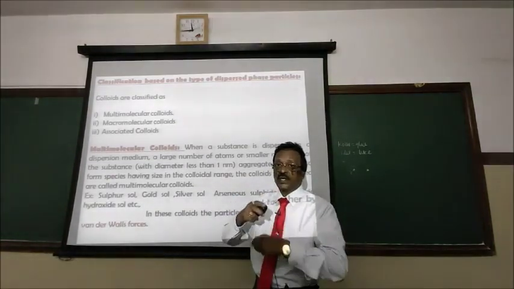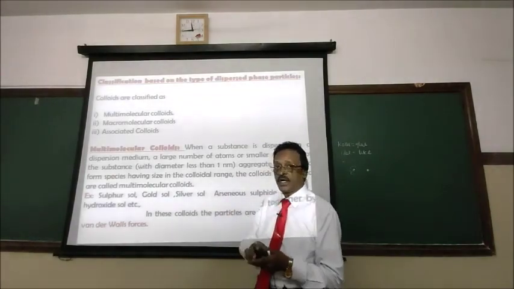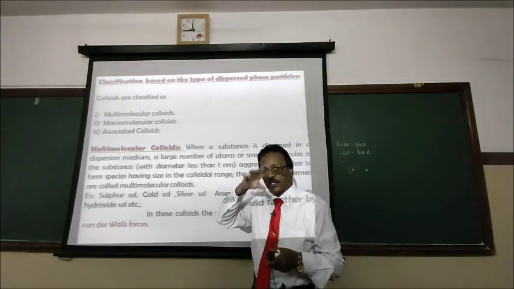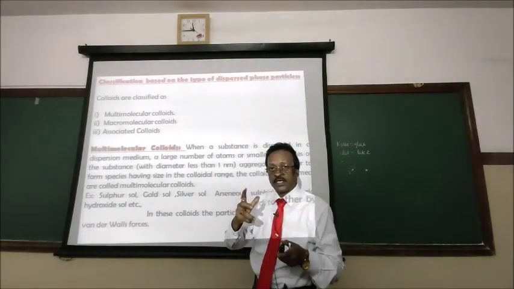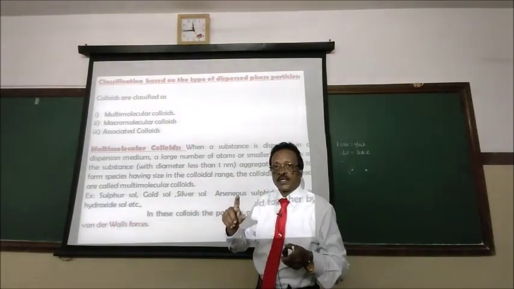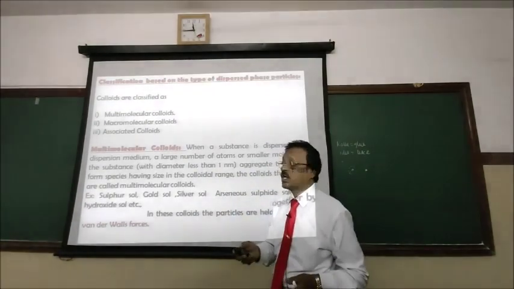When associating, the solvent-loving ends come towards the outside and the solvent-hating ends go to the center. A spherical molecule is formed, with particle size of 1 to 1000 nanometer, or 10 power minus 6 to minus 9 meter. So they are part of the associated colloids.